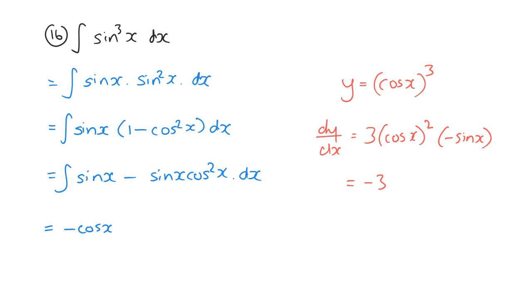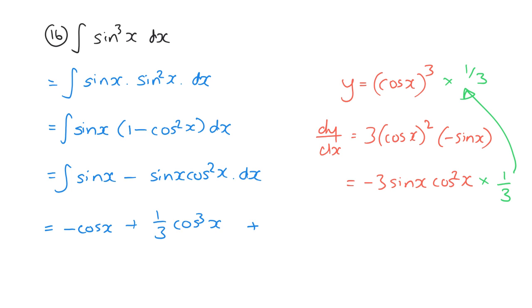That's minus 3 sine x cos squared x. So we want to get rid of that 3. So I'm going to have to times my guess by a third. So that's a third cos cubed x. And then remember your plus c.